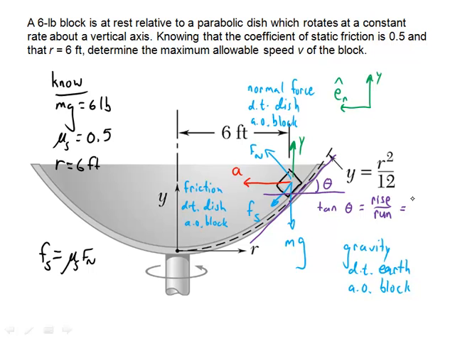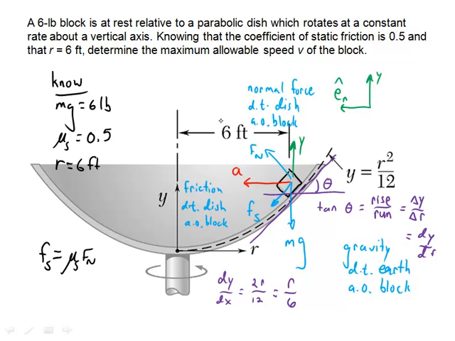Well, that's delta y over delta x, or calculus dy dx. And actually I shouldn't say x, I should say r. Well, if y is equal to r squared over 12, dy dr is equal to 2r over 12, or r over 6.